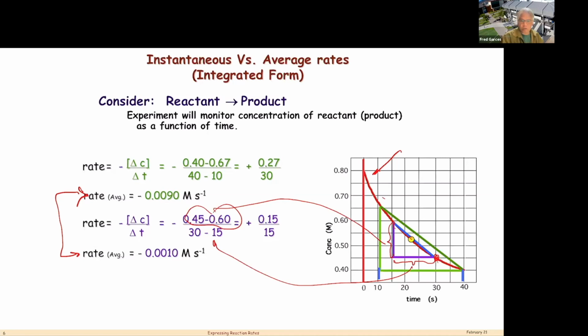But what you can also do is find the instantaneous rate at some point. And when you do that, then of course what you are doing is you're making that difference very, very small. And we don't call it delta anymore, we call it d. Okay, the derivative dc dt, and dc dt is just the slope at that point, the tangent line at that point.